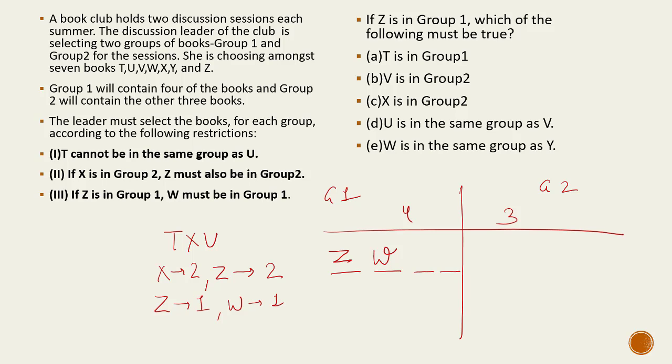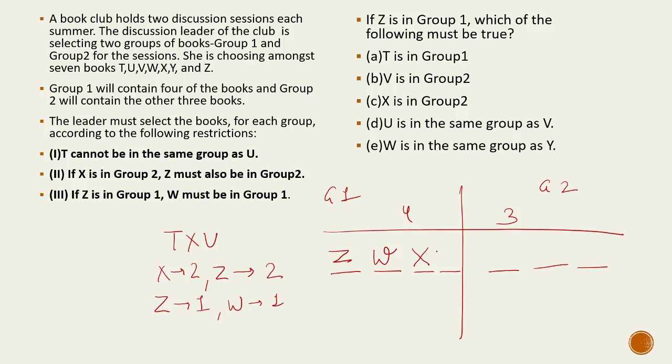Now if Z is in group 1, what can we say about X? Can X be in group 2? Absolutely not. Because if X were in group 2, Z should also have been in group 2. But here Z is in group 1, leading us to X also being in group 1.